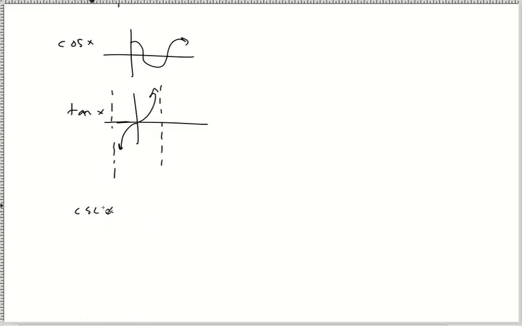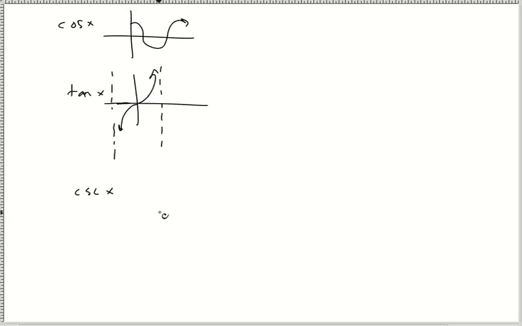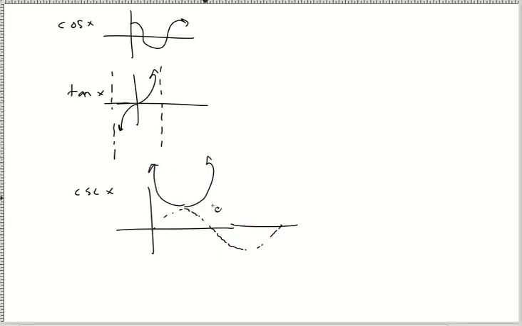Cosecant is related to sine, if you remember. So what I'm going to do is draw a sine. Oops, that's a cosine. Sorry. Start over. Draw a sine. And then what I'm going to do is draw little U shapes that have asymptotes on the tops of the hills and the bottoms of the valleys.